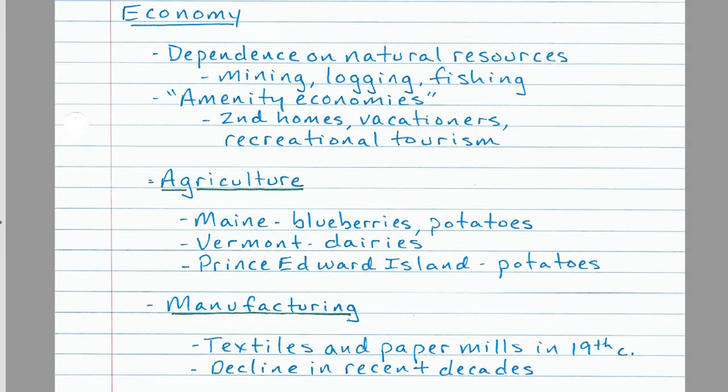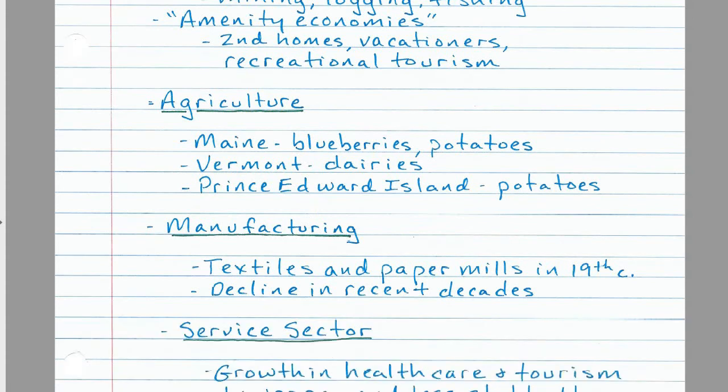So the agricultural industry, though, does still exist, but it's a smaller, more niche kind of operation. In Maine, blueberries grow particularly well, and blueberries like the cold and the wet. Potatoes also grow well in the rocky soil that exists there.